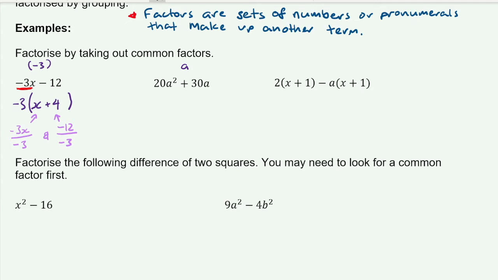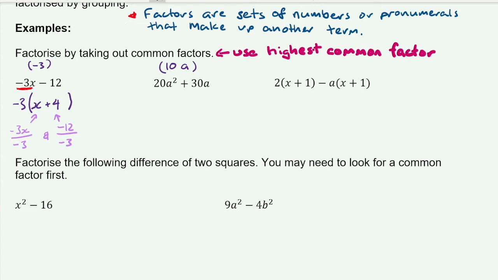So let's even make a note of that. Use the highest common factor. So the highest one between 20 and 30 is actually 10. So that's what we're going to use.